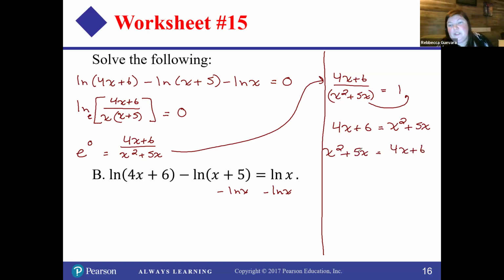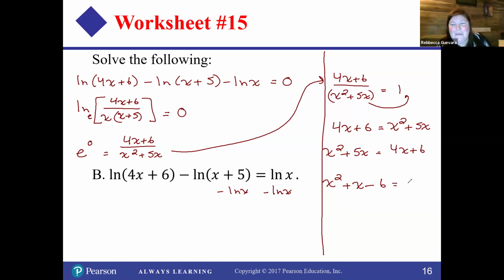We have a polynomial, so if I solve it so it's equal to 0, we're going to have x squared plus x, negative 6 equals 0. Oops, I was going to say one of those is wrong.